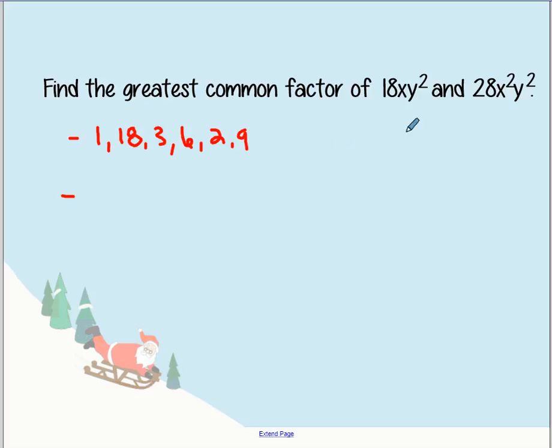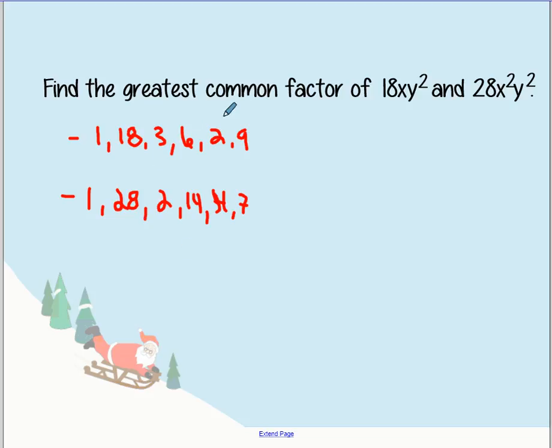My factors of 28 would be 1 and 28, 2 and 14, sorry, scratch that, 4 and 7.